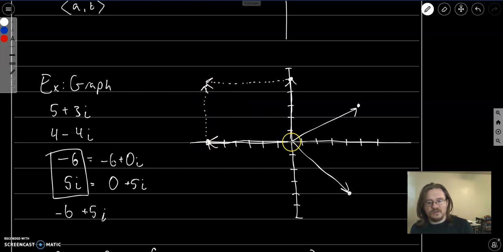And I draw the resultant vector. Maybe I'll do that in red so it's a little bit clearer. If I could draw in a straight line. Just imagine that's a straight line. And the thing is, this is negative 6 plus 5i, right? Because we've got negative 6 in this direction and 5i up.